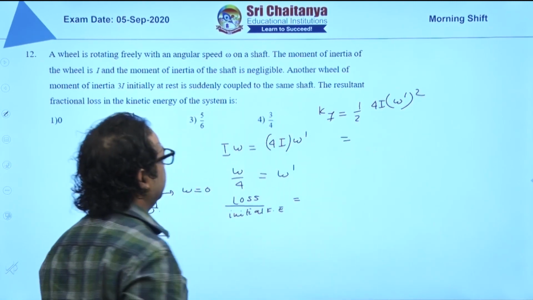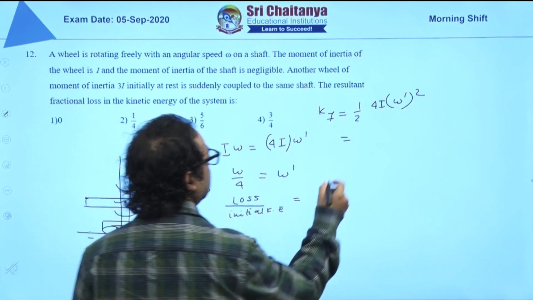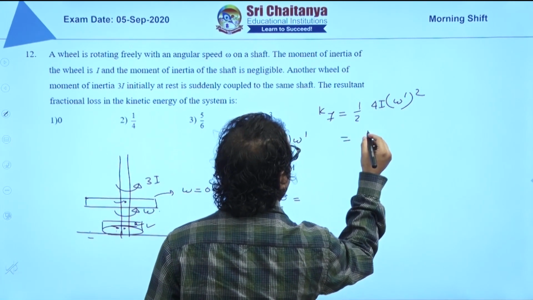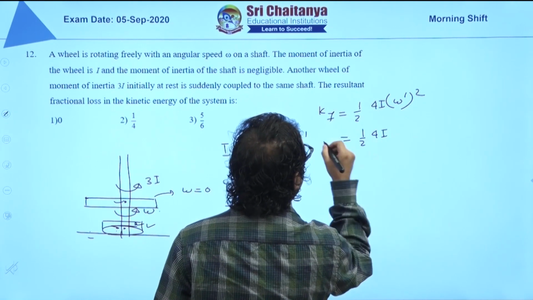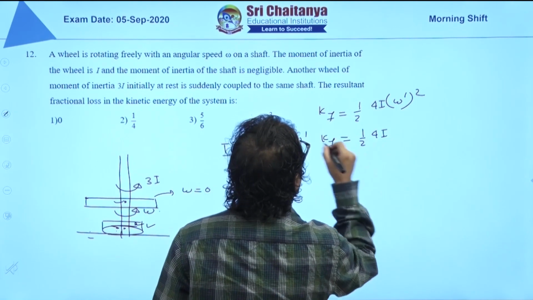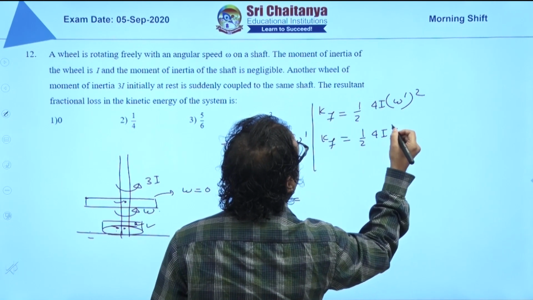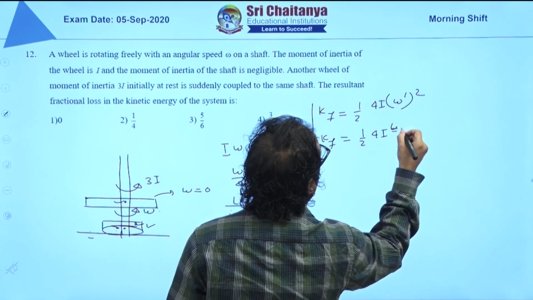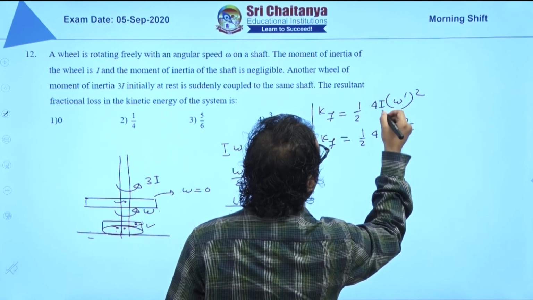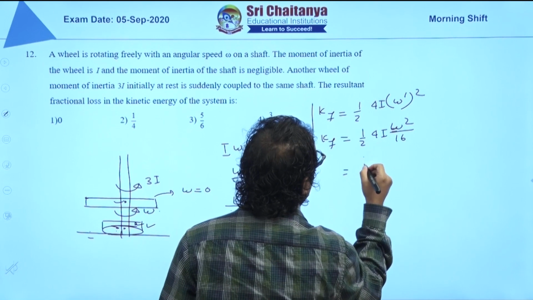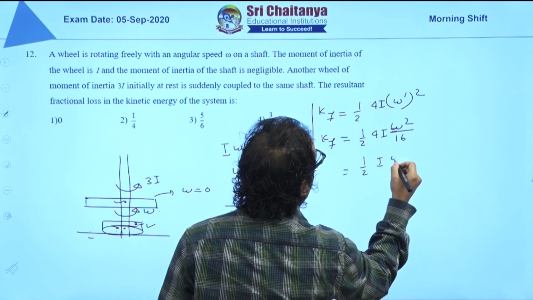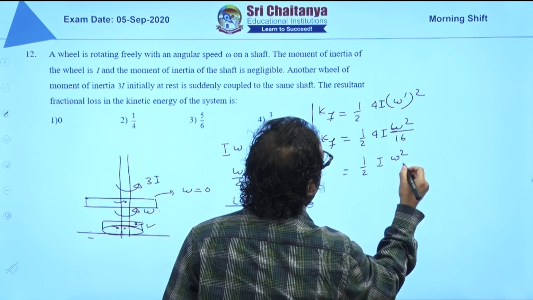Omega dash value we can put, that is omega upon 4. So, that is half into 4I into omega square upon 16. So, that is nothing but half I omega square divided by 4.